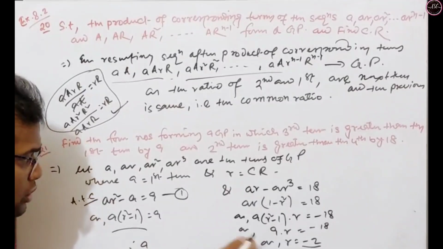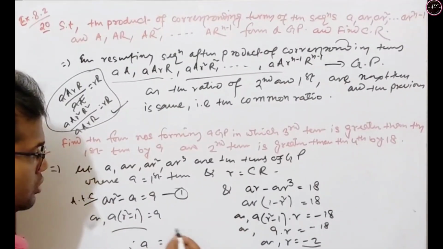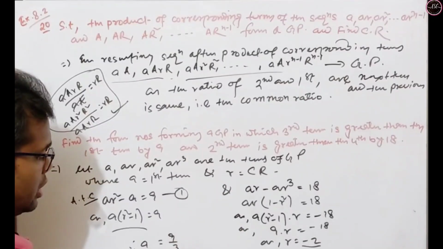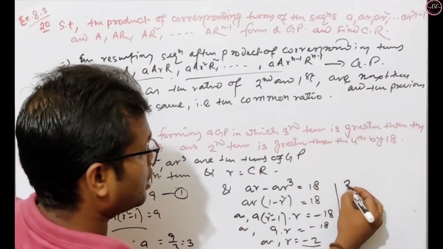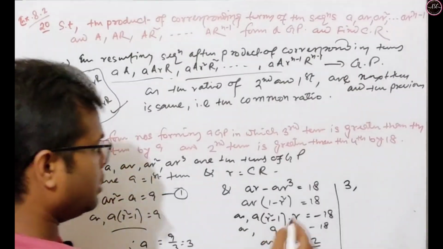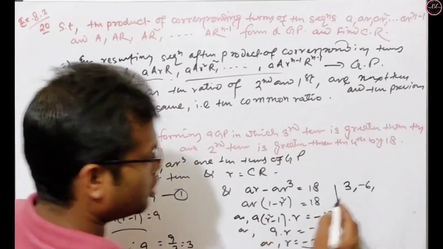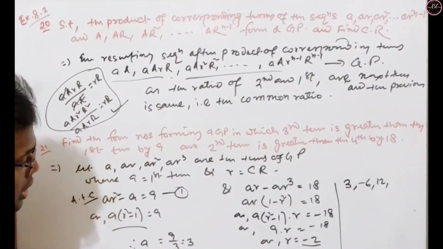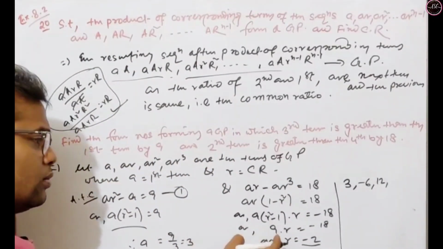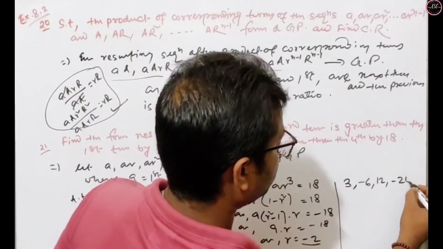Therefore a equal to, just putting the value of r in here, we get a into r square minus 1 equal to 9, so a equal to 9 by 3 equal to 3. So the 4 terms will be a, that means 3, and then a r, that means minus 6, a r square, that means 3 into 4, that means 12, and a r cube, that means 8 into 3, that means minus 24.